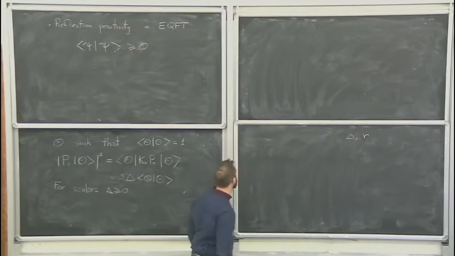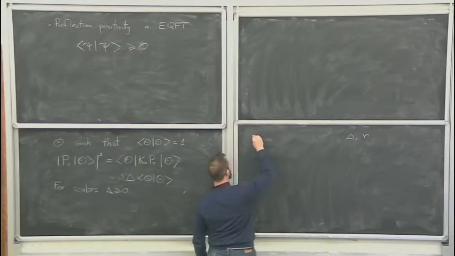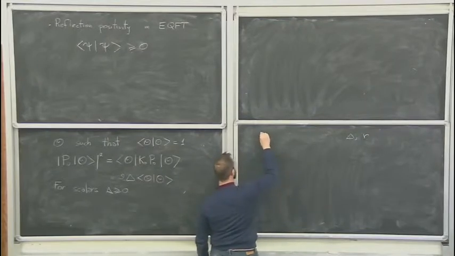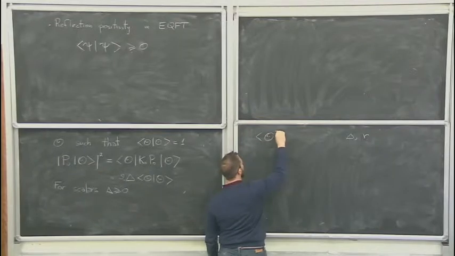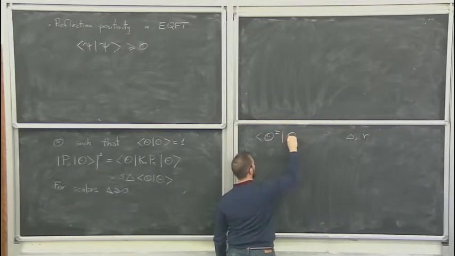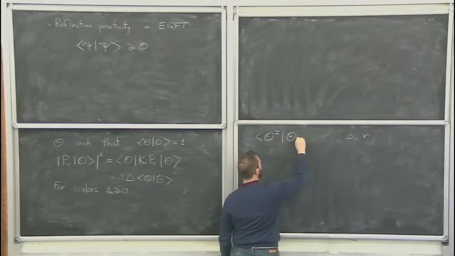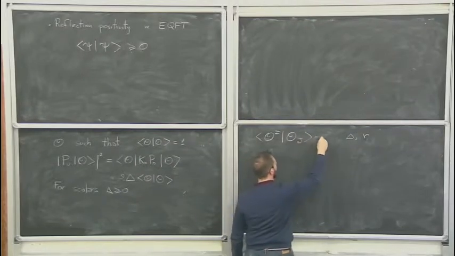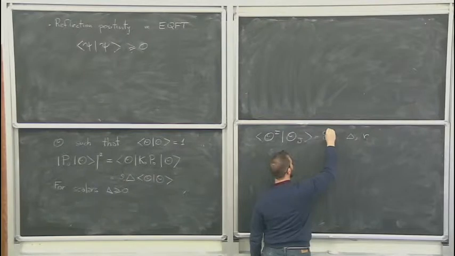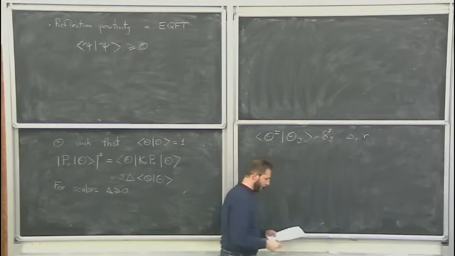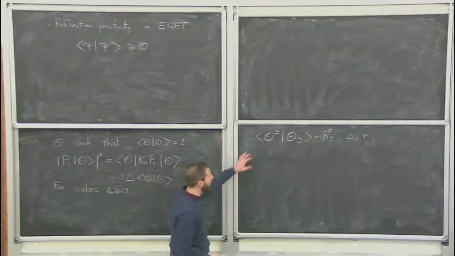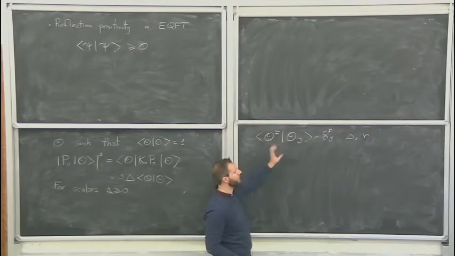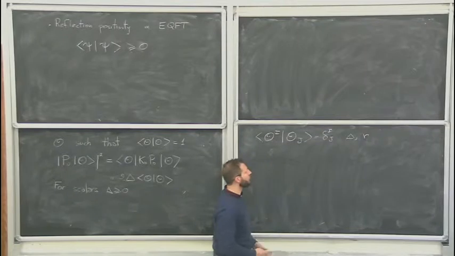Let's be precise. First of all, let me define what I mean by the 2-point function. So OI, OJ is going to be delta IJ. Okay, so only operators with the same spin, with the same index, have non-zero 2-point function.